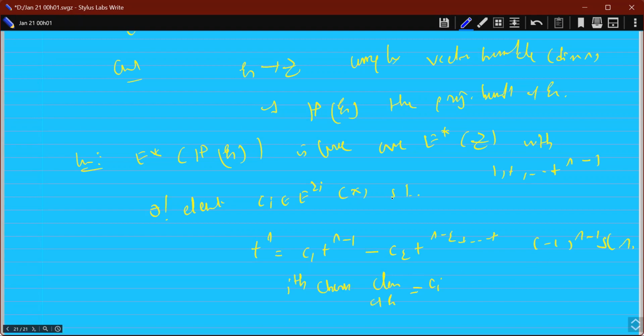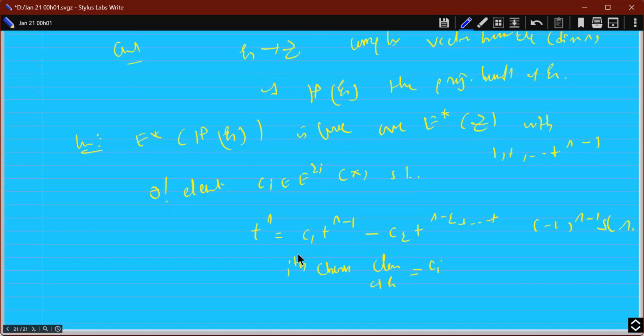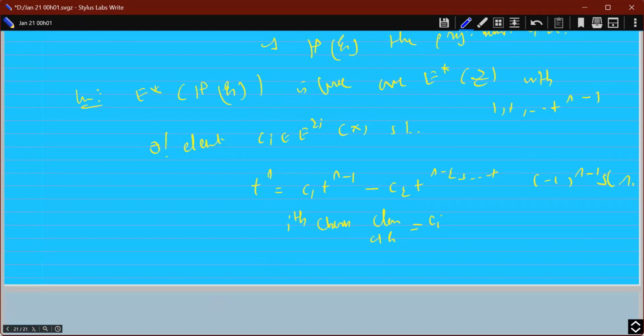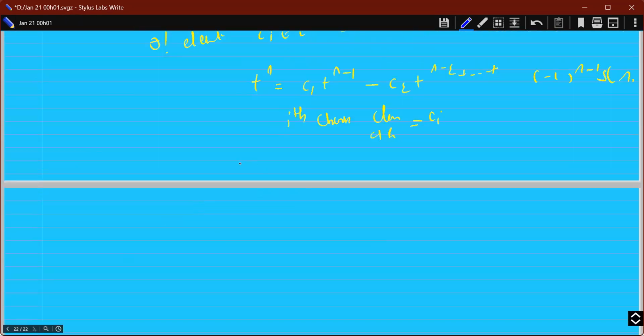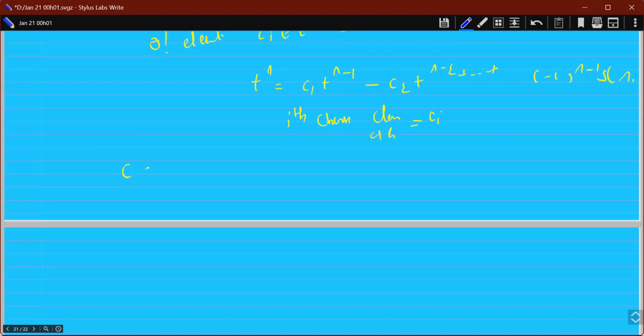This is the way we define it. I won't get into anything else. We could also have the notion of the total Chern class, and I'm just writing this for completeness. So yes, that's about it.